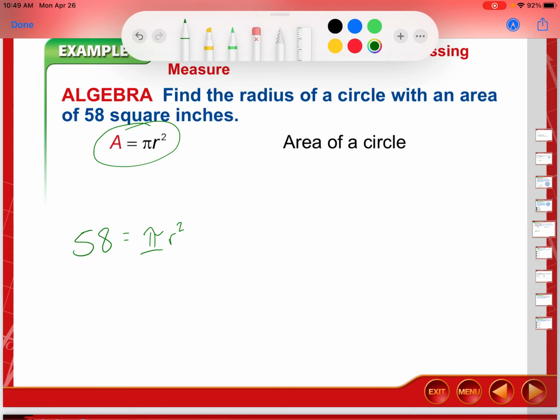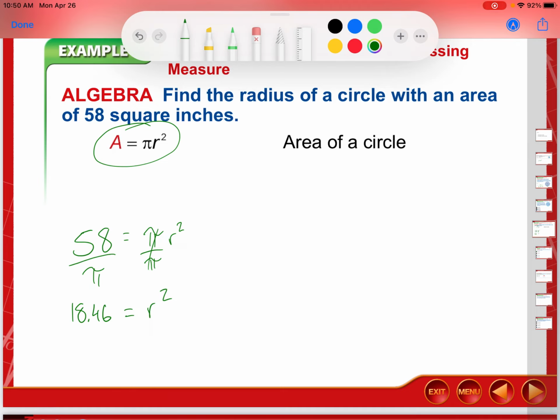So we could divide each side by pi, and then we would have 58 divided by pi, which, make sure you use the actual pi button on your calculator, not 3.14. So we divide that out. We get 18.46, whatever, 18.46 equals r squared.